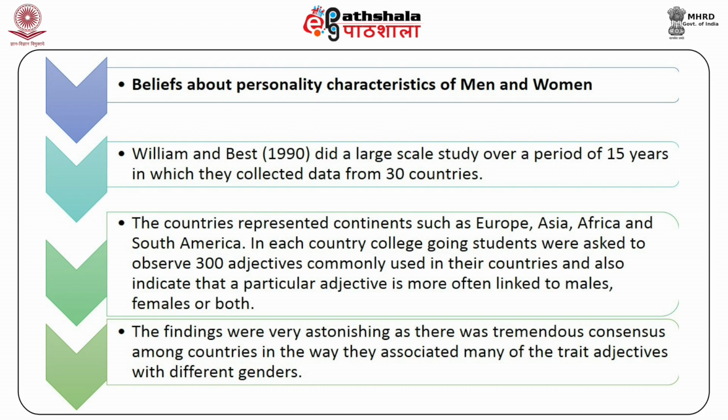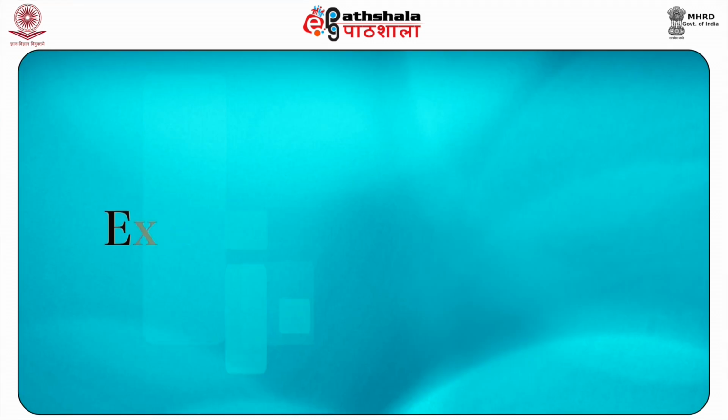In each country, college-going students were asked to observe 300 adjectives commonly used in their countries and also indicate whether a particular adjective is more often linked to males, females or both. The findings were very astonishing, as there was tremendous consensus among countries in the way they associated many of the trait adjectives with different genders.